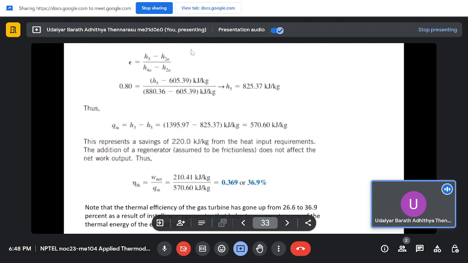So effectiveness is defined as Q by Q max, and the maximum heat which can be provided is H4a minus H2a, and the heat obtained by the fluid is H5 minus H2a. We know that the effectiveness of the heat exchanger is 80%, so 0.8. So now we can find the enthalpy at state 5, H5, which will come out to be 825.37 kilojoule per kg.